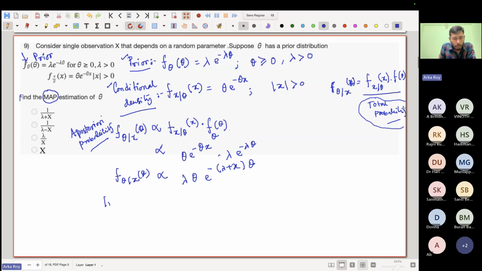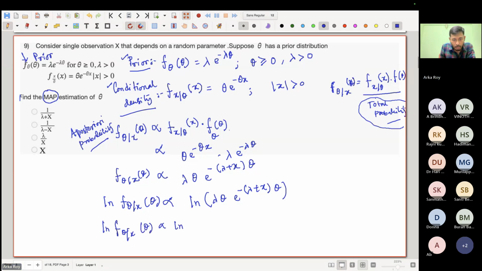So what we can do is ln of f theta given x of theta, which is ln of lambda theta times e power minus lambda plus x times theta. I can break it down as ln lambda plus ln theta, and then minus lambda plus x into theta. Fine.